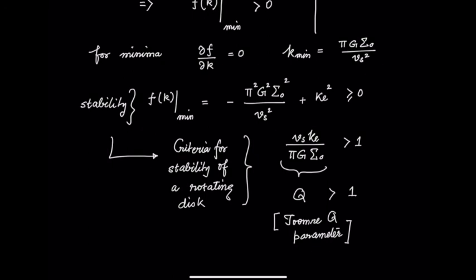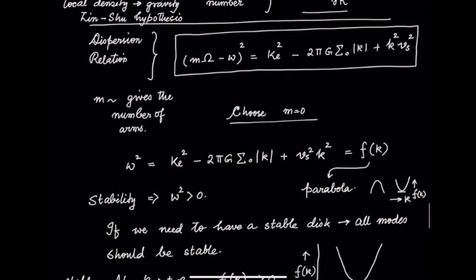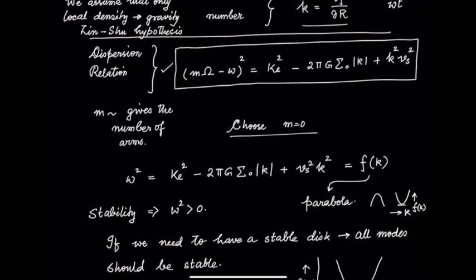Now, this is a disk which doesn't have any spiral arm because m equals to 0. This is a disk which is stable for all k's. That is how you got the stability criteria. If you have m not equals to 0, if you work with this full dispersion relation, then for different m, what you will find is that the shape will be that of a spiral arm, but that will be stable in between a certain radius to a certain radius.